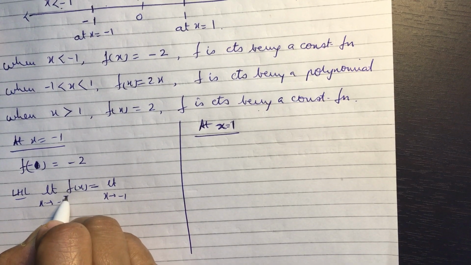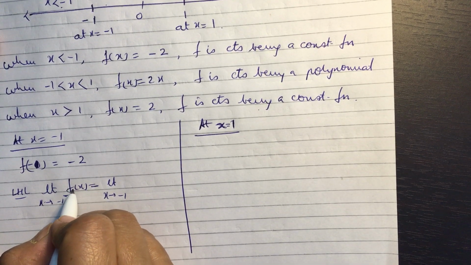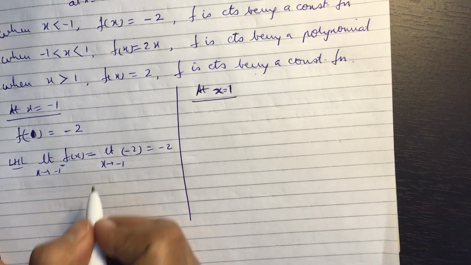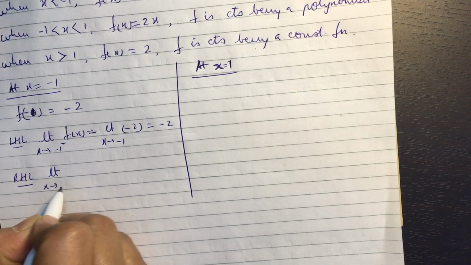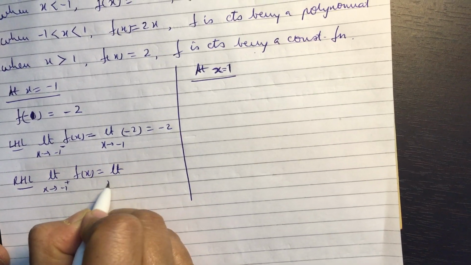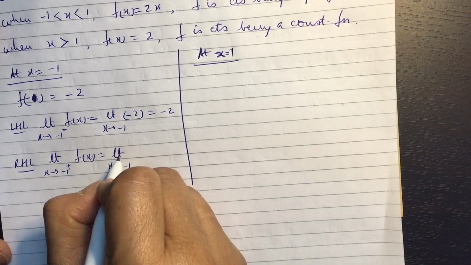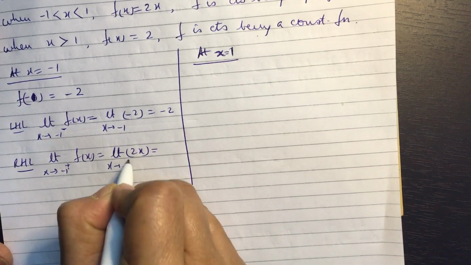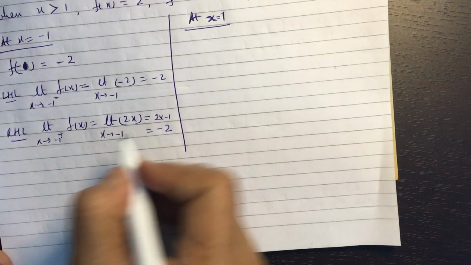We drop this negative sign, replace the definition of f(x) on the left of -1, which is -2, which comes out to be -2. Now right hand limit, x tending to -1 plus, we drop the positive sign, replace the definition on the right of -1, which is 2x. This comes out to be 2 into -1, which is -2.